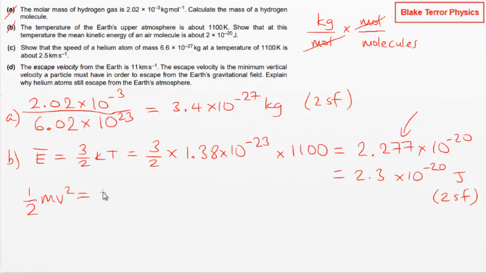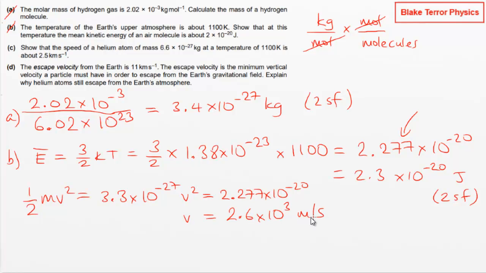So half of the mass, 3.3 times 10 to the minus 27, times v squared is 2.277 times 10 to the minus 20. We divide through by the 3.3 times 10 to the minus 27 and then square root, which gives us v is 2.6 times 10 to the 3 meters per second, roughly equal to 2.5 kilometers per second, which is what we had to show.